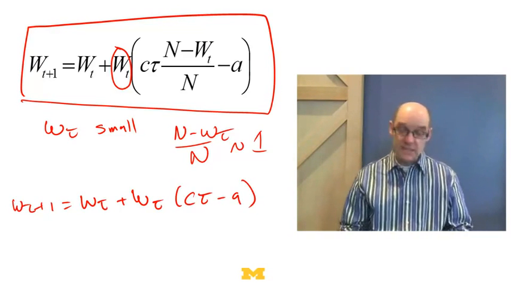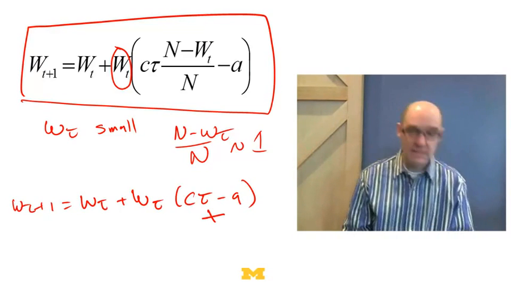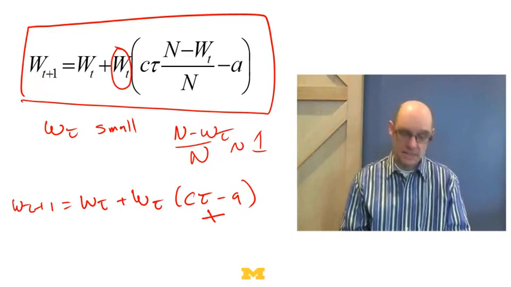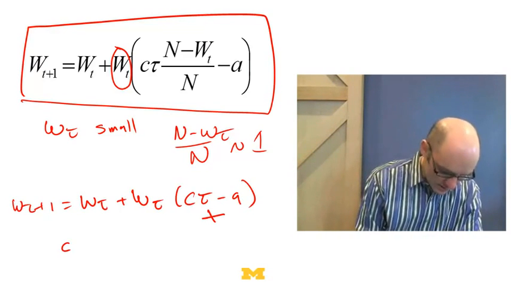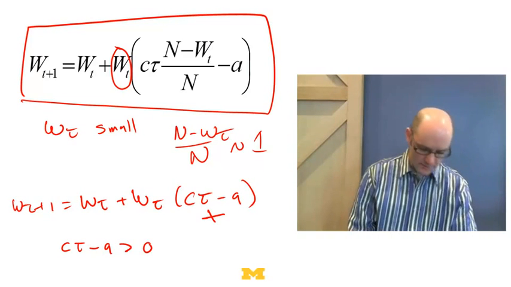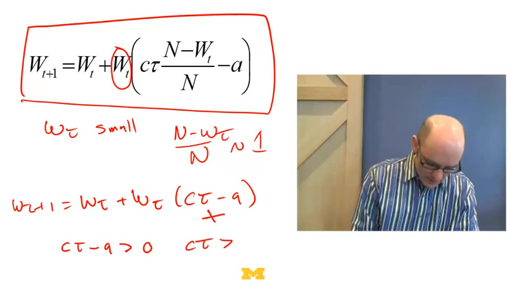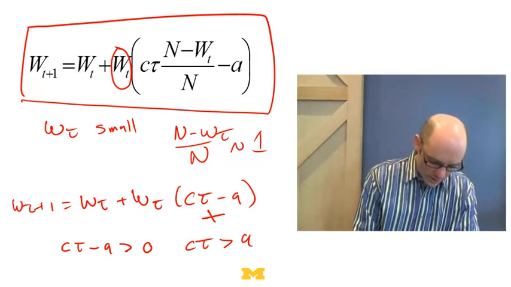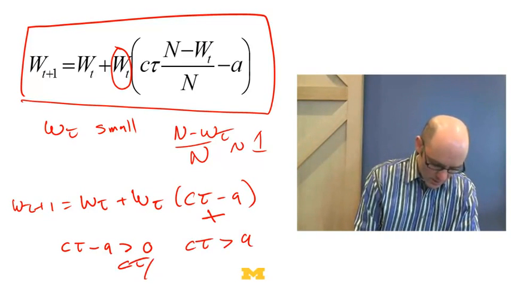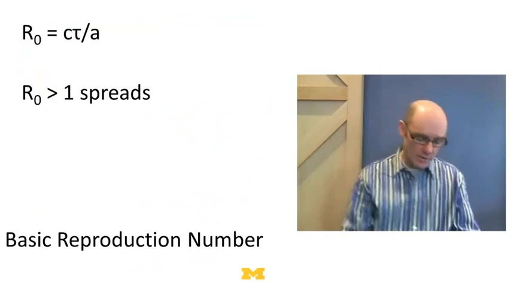So this thing is going to spread if Cτ minus A is positive, and it's not going to spread if Cτ minus A is negative. So this is going to come down to, is Cτ minus A bigger than 0? Or is Cτ bigger than A? Or another way to write this is Cτ over A bigger than 1. And this leads to what's called the basic reproduction number.